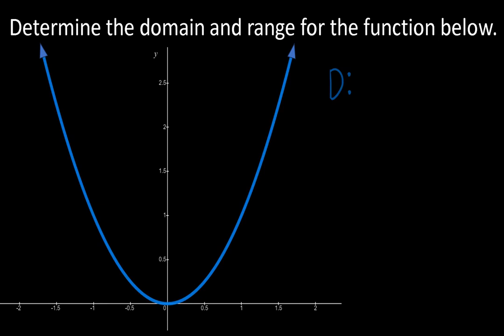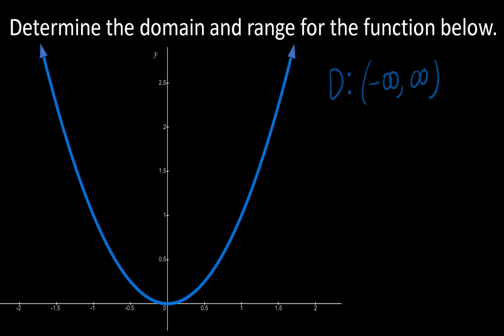If the graph continues forever in the left direction and forever in the right direction, then every x value from negative infinity to positive infinity will be touched by this graph eventually. That means my domain is negative infinity to positive infinity. And we express that in interval notation like this.